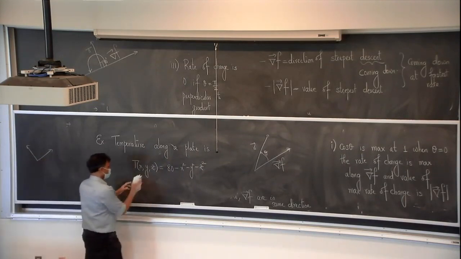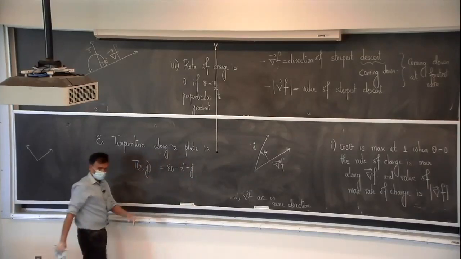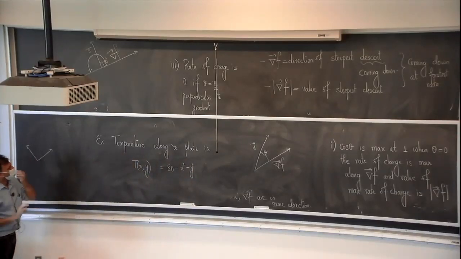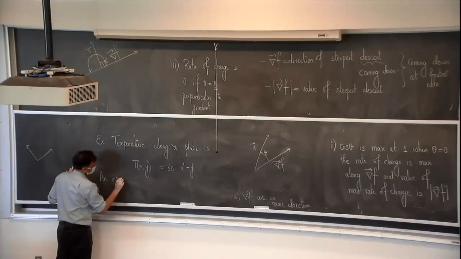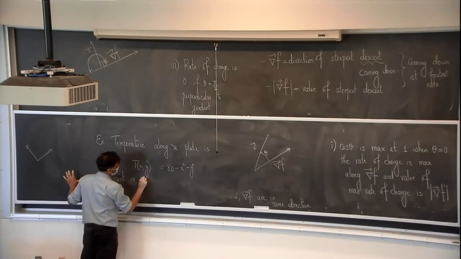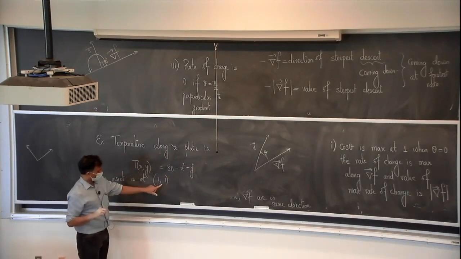Let's just keep it easier. Just T of x, y would do. So that way I can tell a story about it. An insect is at the point (1, 1). Okay, that is x equal to 1, y equal to 1.